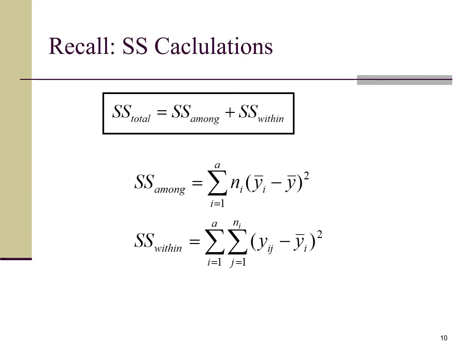What does that all mean again? I'll review. Remember, we're looking at the sum of squares total as the sum of squares among plus the sum of squares within. Sum of squares among is just equal to the effect mean minus the overall mean, squared, times the number of observations. So we're looking at variation among the various groups.